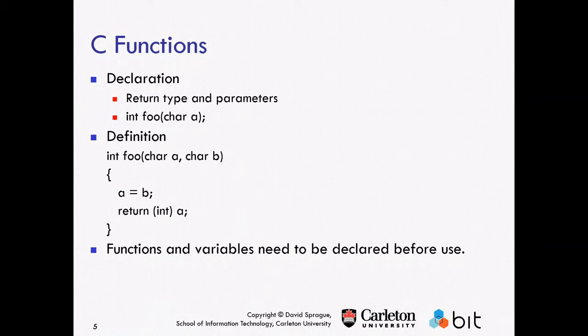So my inputs for this next example are a character A, a character B, and it's returning an integer. So character A, character B go in here, and then I'm going to return some integer, so I'm casting A from a character to an integer and returning. My functions and my variables need to be declared before use.